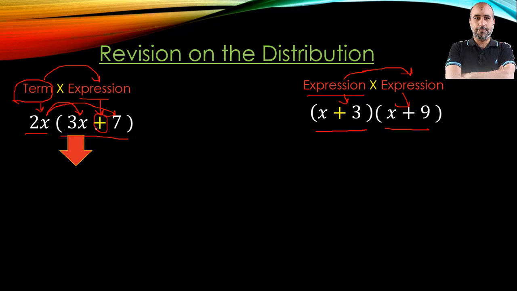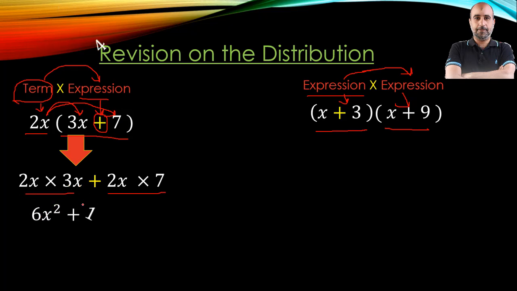And don't forget separating between them by plus. 2x multiply 3x, the first, and plus, the separation, 2x multiply 7, the second, and finally find the result or the product of each side. 2 times 3 equals 6, x times x equals x power 2, plus 2 times 7 equals 14, and x multiply nothing equals x. How can I perform the distribution of an expression on another expression?